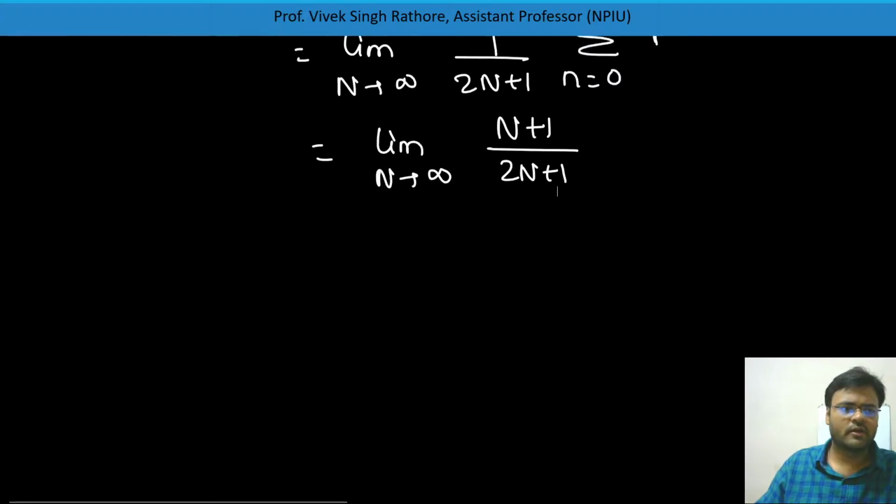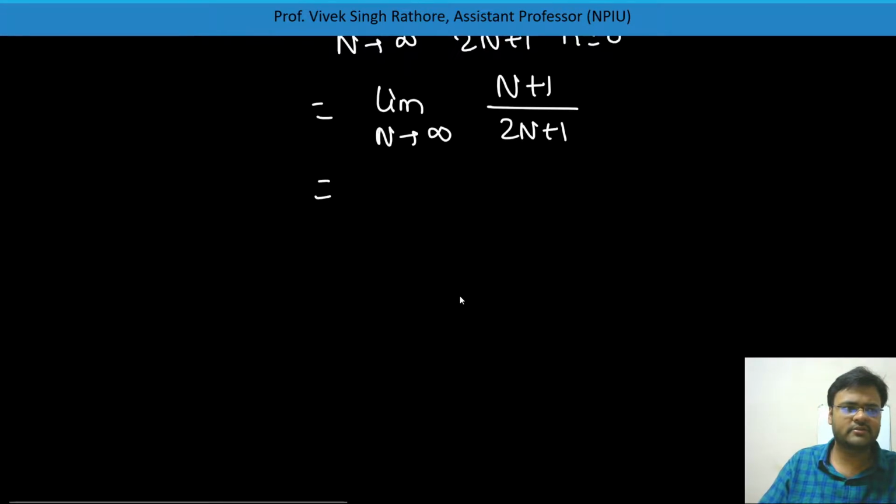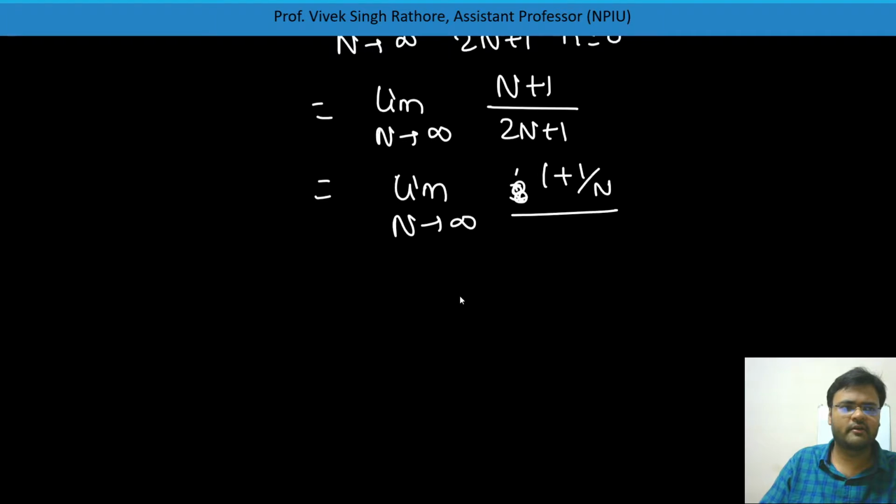So we can also write it as limit n tending to infinity of 1 plus 1 by n over 2 plus 1 by n. Whenever n tends to infinity, you will get 1 by 2. So for u[n], power will be equal to half.